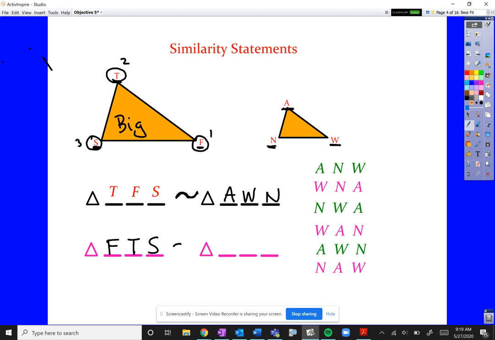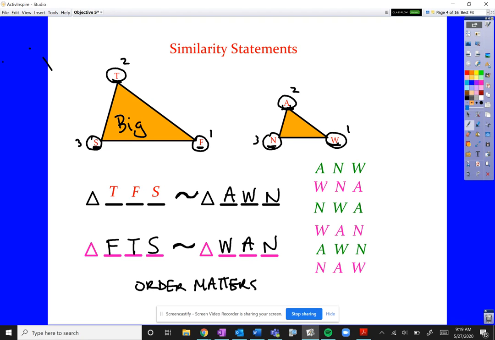So if we want to make this a similarity statement, we're going to need to make sure we start on the bottom right, go up to the top, and come down the left-hand side. So it's the same idea. Order matters. Order is really what matters here. Okay, so very similar to congruent statements, we just need to name the triangles and shapes in certain ways.